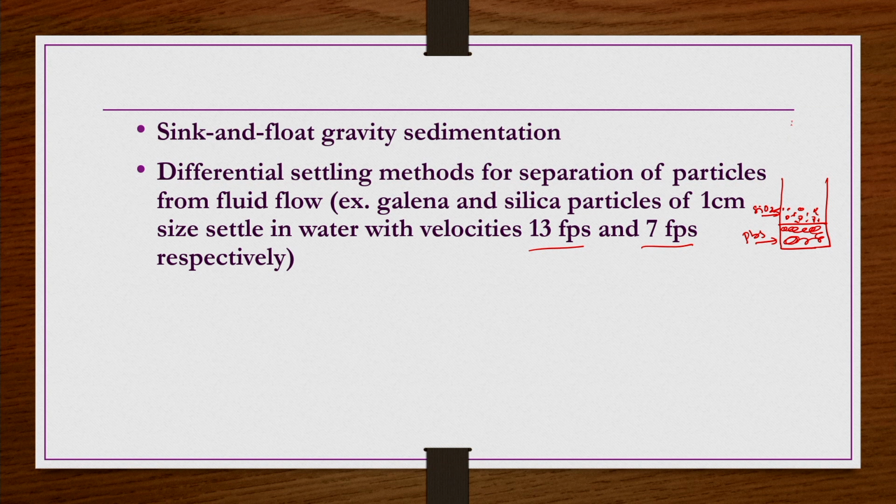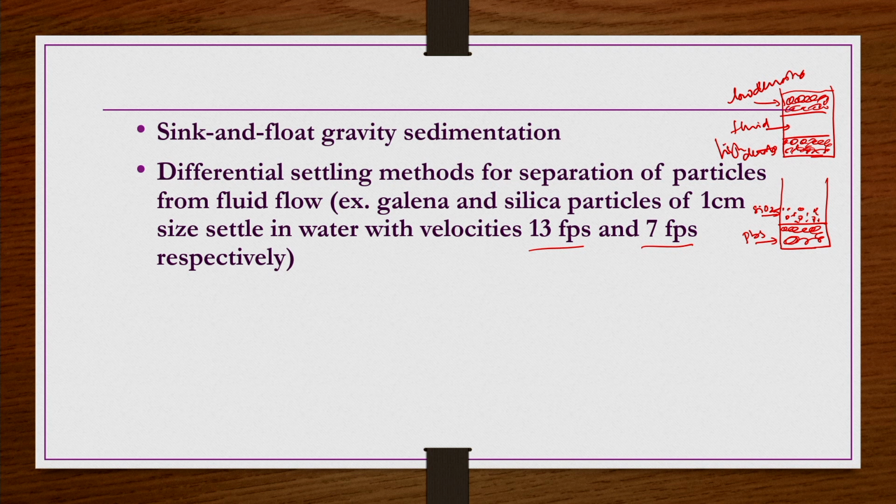Whereas in the sink and float method, you try to find a fluid so that the particles whose density is higher settle at the bottom, and the particles whose density is smaller than the fluid float at the top, with the fluid in between. So, this is the sink and float gravity sedimentation process, and the bottom one is a differential settling process. These are some of the applications we in general see.